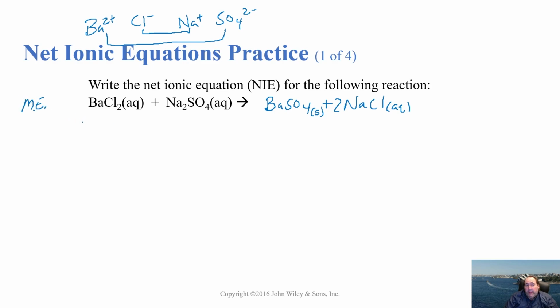Once again, we're going to break this apart properly for our total ionic equation. So that barium chloride will break apart into a barium ion. And again, that 2 will come to the front, and that will give us 2 chlorides. The sodium sulfate will break apart. The 2 will come to the front, giving us 2 sodium ions and a sulfate ion.